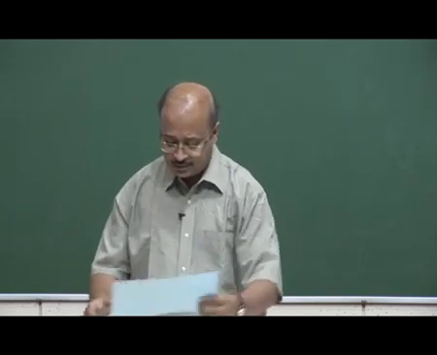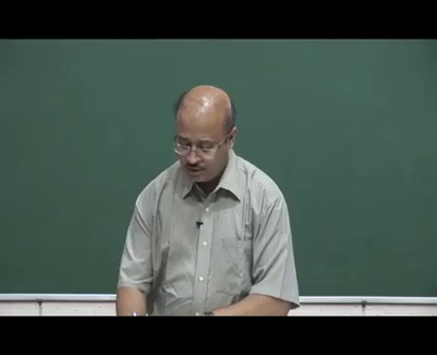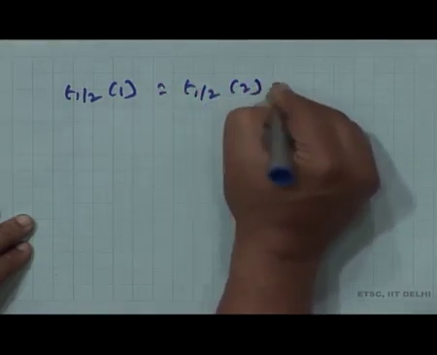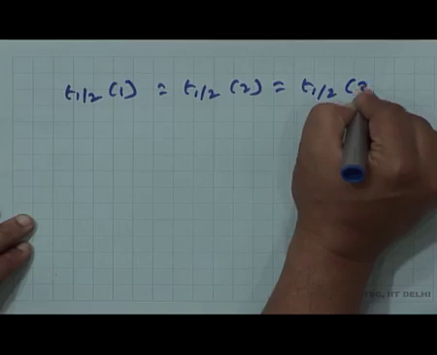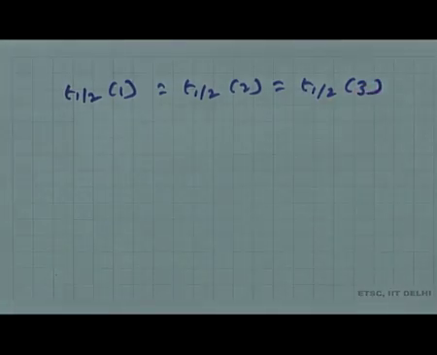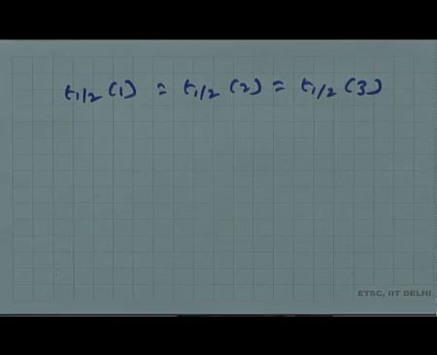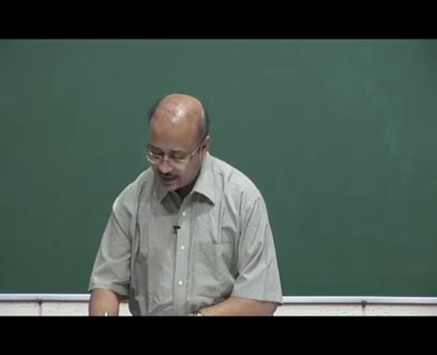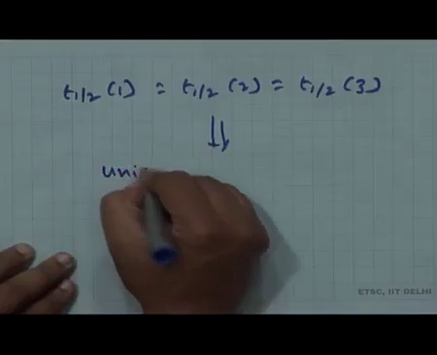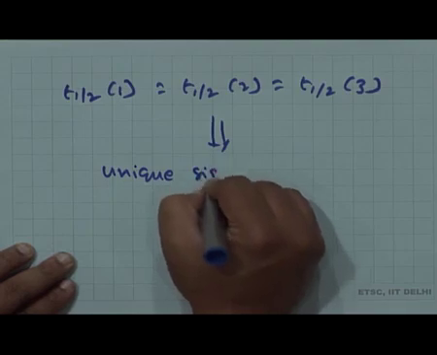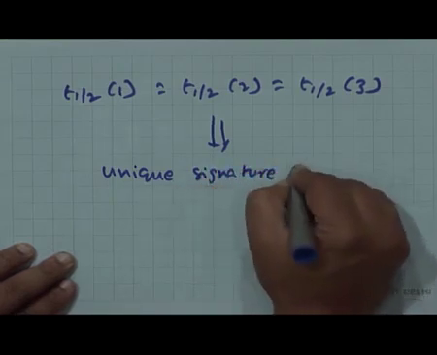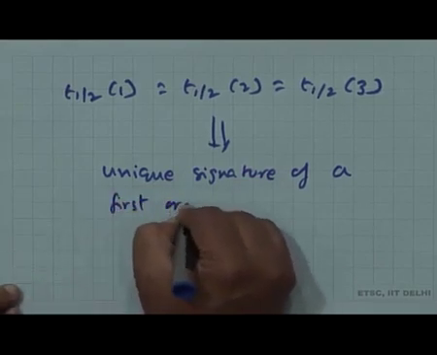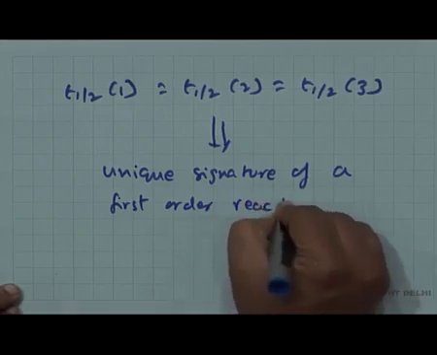If you look at this, T half 1 is equal to T half 2 is equal to T half 3, right. If this happens, that means the half lives are all equal. If that is the case, then what we say is, this is a unique signature of a first order reaction.